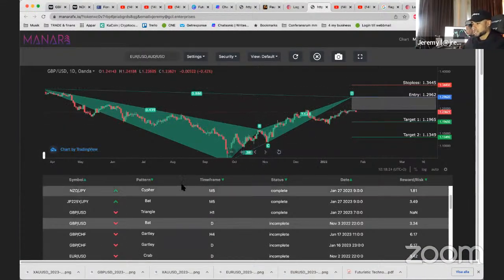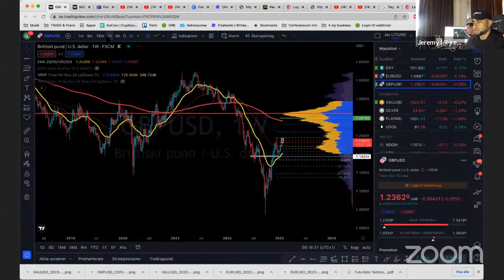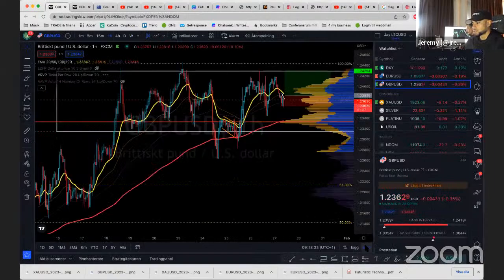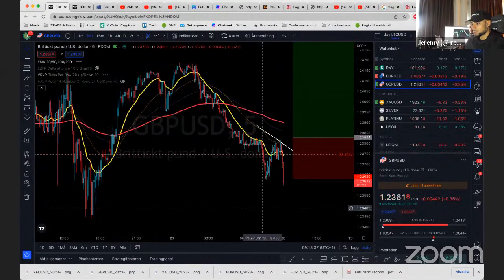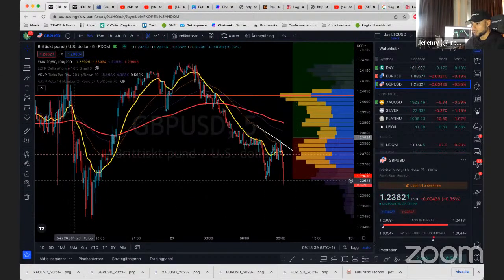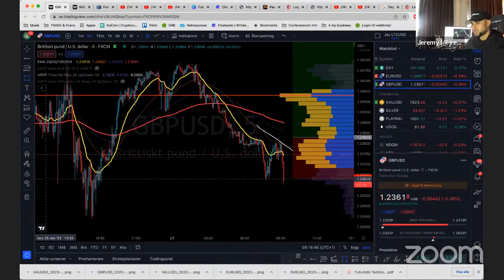All right, guys, I'm dropping GBP/USD for now because it's acting crazy. See this drop here? So it's testing support at this level. See these wicks down here all the way.